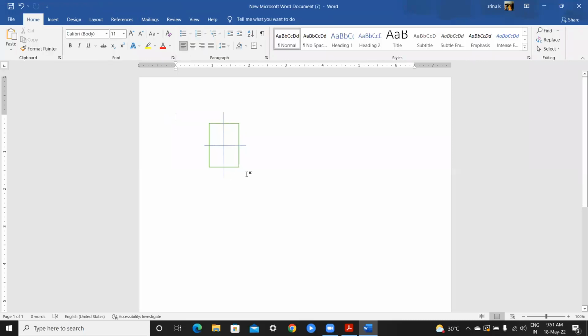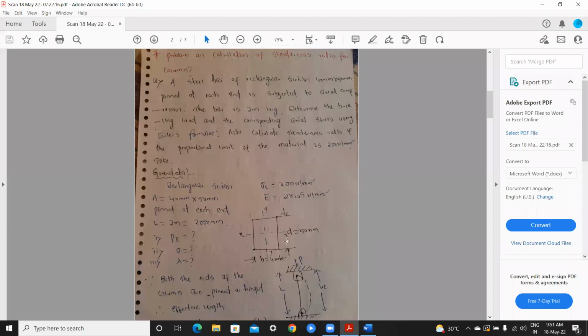Like this, the x and y axes. So you can see x and y. As per our condition, we have to calculate the minimum. If we are calculating the x section and y section, a steel bar of rectangular section 40 mm into 50 mm.